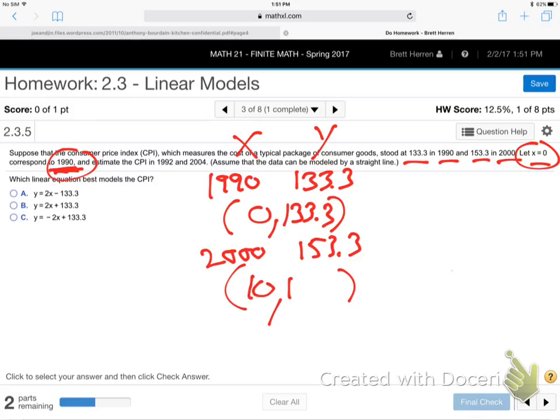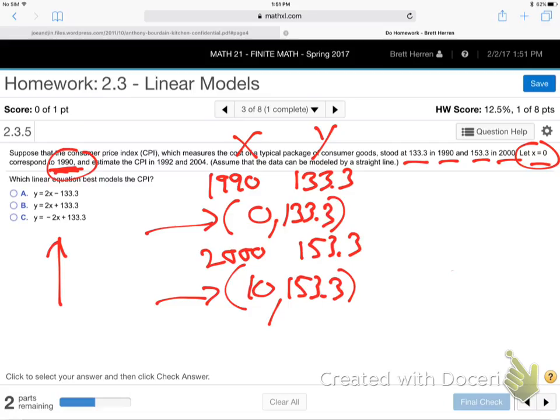That's 10, 153.3, because that's 10 years later than 1990. Does everybody see what I'm doing there? So basically, by giving me that information, they're giving me 2 points, and you can take those 2 points and come up with an equation.